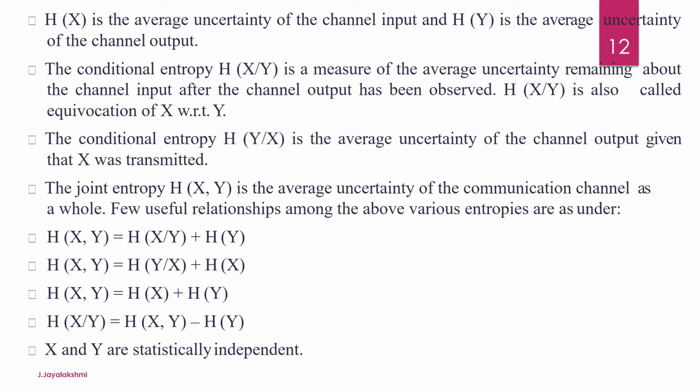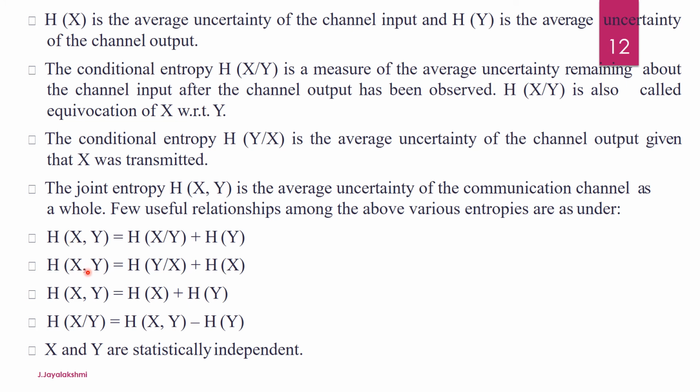The conditional entropy H of y by x is the average uncertainty of the channel output given that x was transmitted. The joint entropy H of x comma y is the average uncertainty of the communication channel as a whole. So a few useful relationships among the above various entropies are given below. So you can see the entropies.